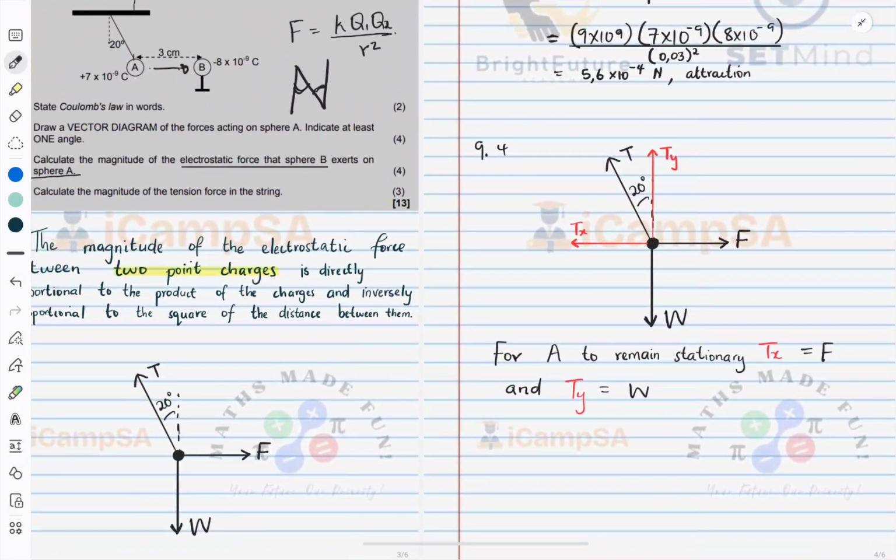Let's use Tx because we just calculated our force. So we can say Tx is equal to F. Then Tx is the same as T, which is the diagonal force there, times sine 20 degrees. Then we can find T by simply substituting F as well.